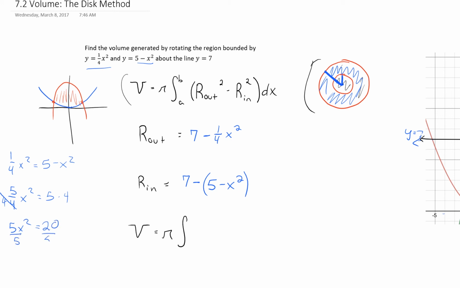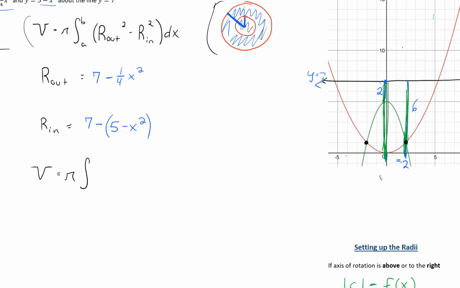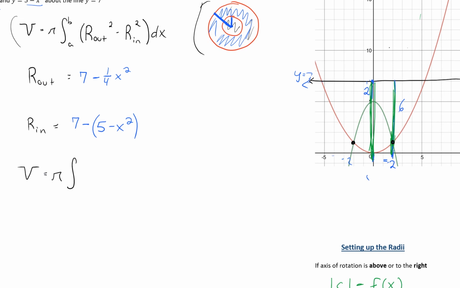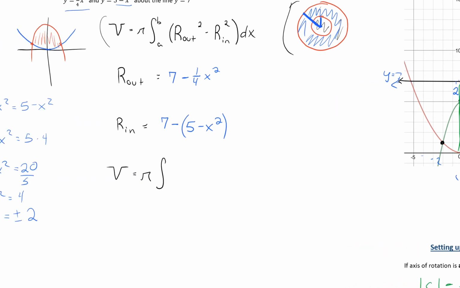Divide by 5. X squared equals 4. Take the square root and you have x equals plus or minus the square root of 4, which is plus or minus 2. That tells us the boundary points of this region occur at x equals -2 and x equals +2. Therefore, the bounds of integration go from -2 to 2.